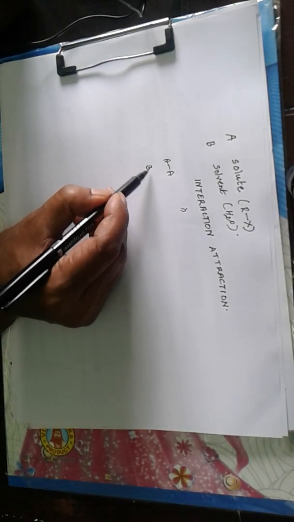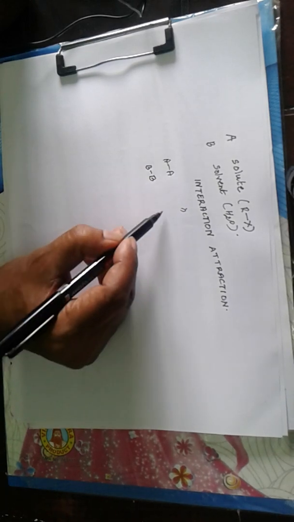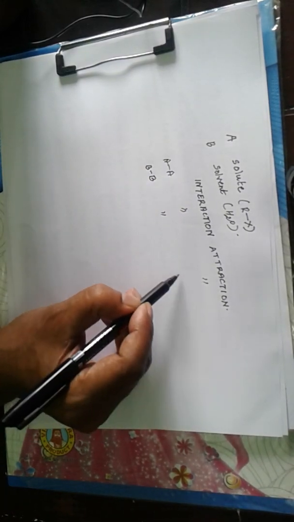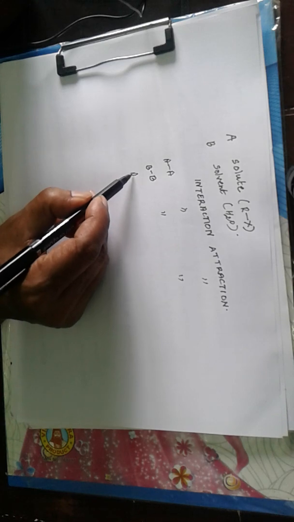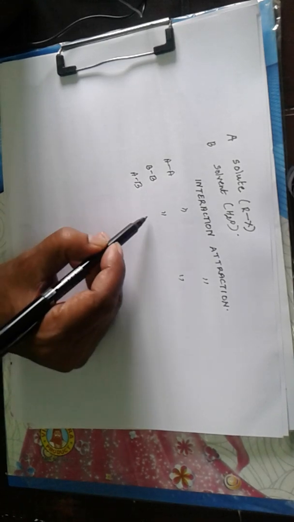Between solvent and solvent, that is called BB interaction. Between solute and solvent, that is called AB interaction.